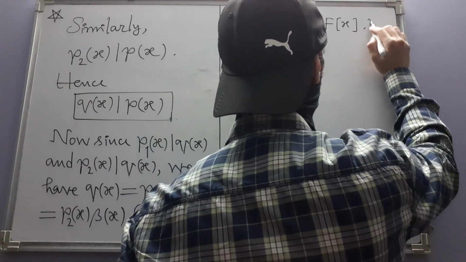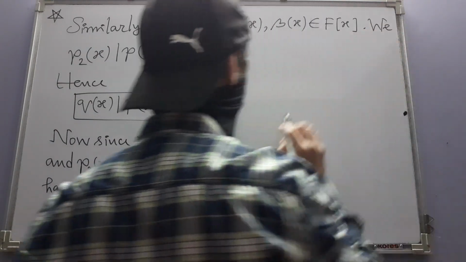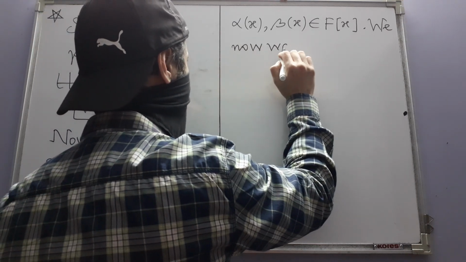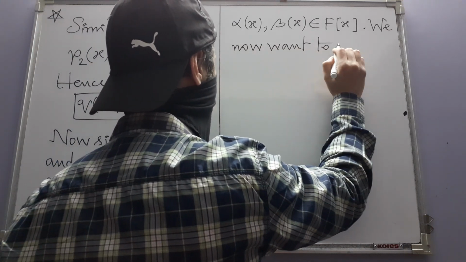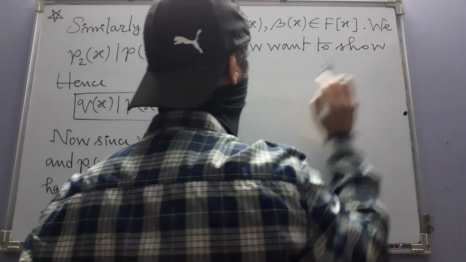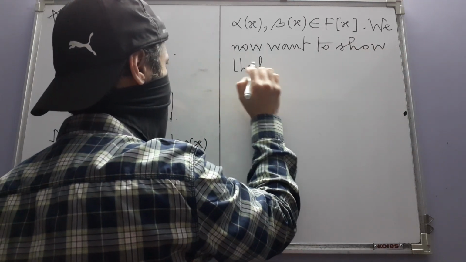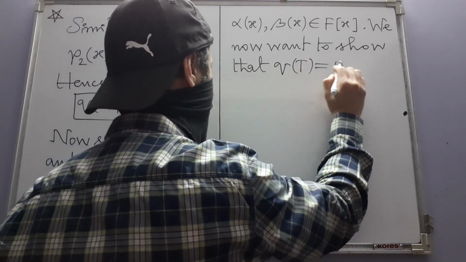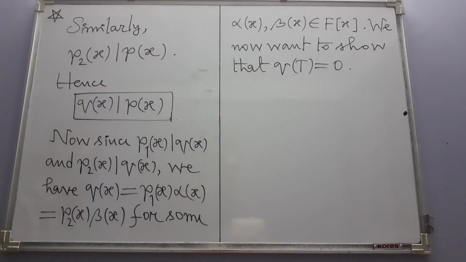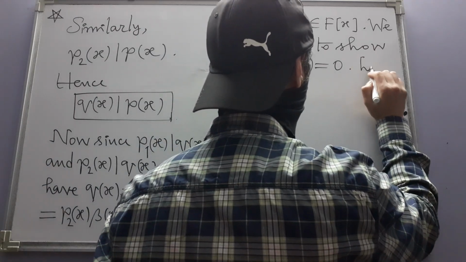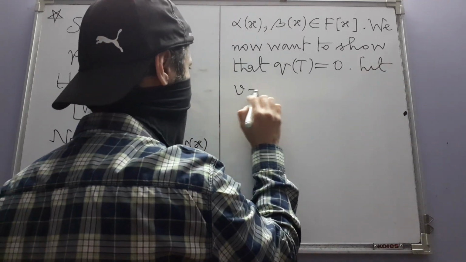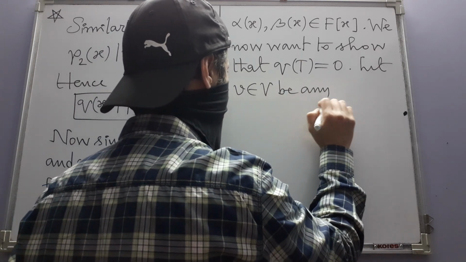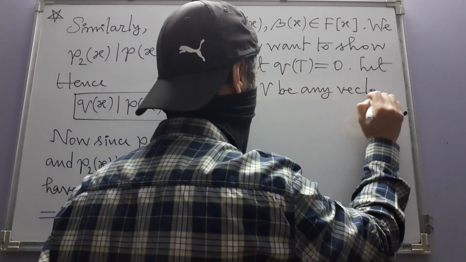In fact, to make it even more clear, let me write what we want here. We now want to show that Q of t is the 0 operator. Let v in V be any vector.